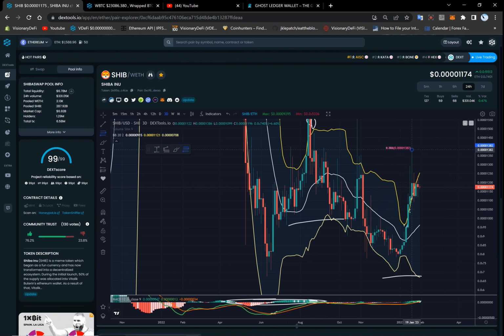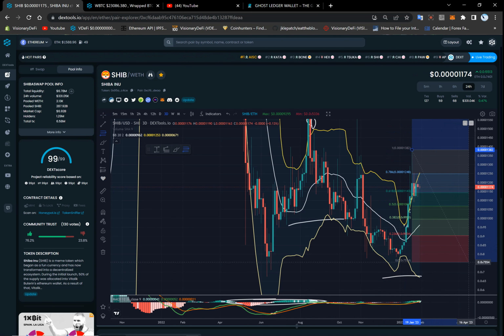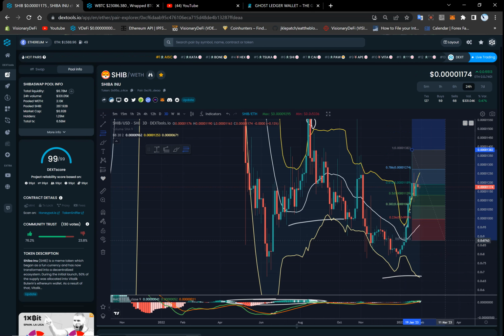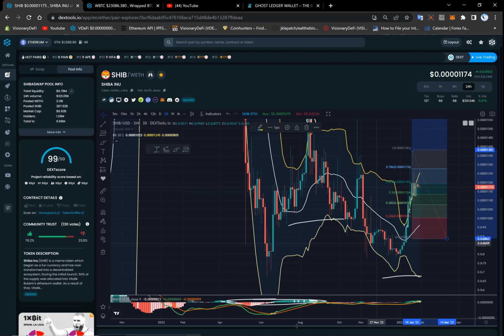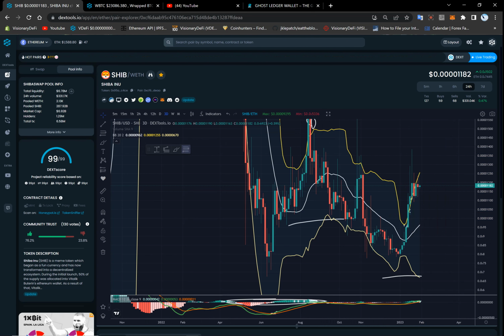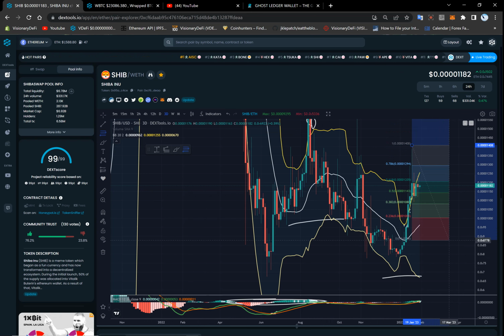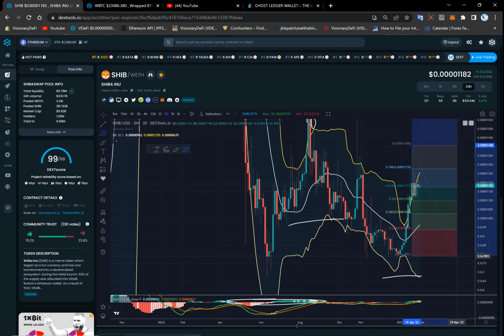The fib retracement is you have to start at the top where price stopped and bring the fib all the way down here. Okay, price stopped here.